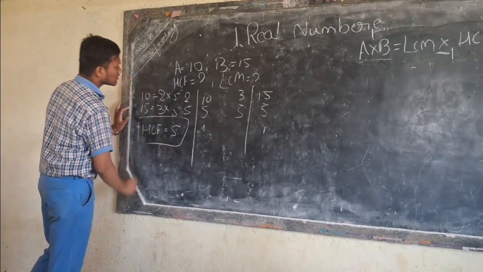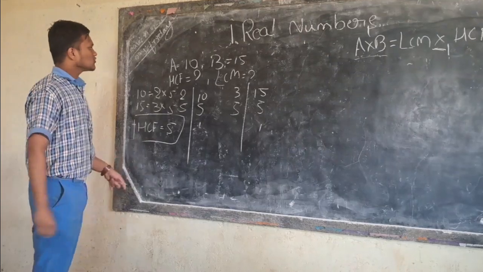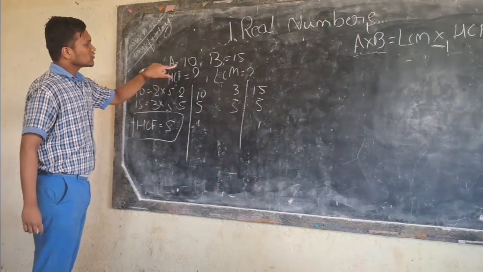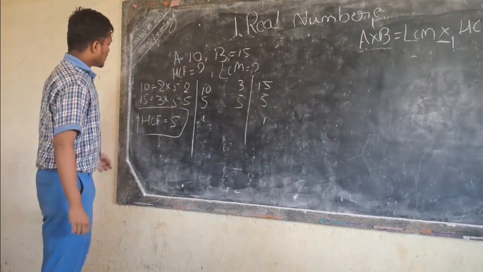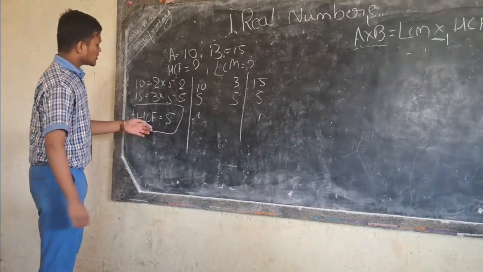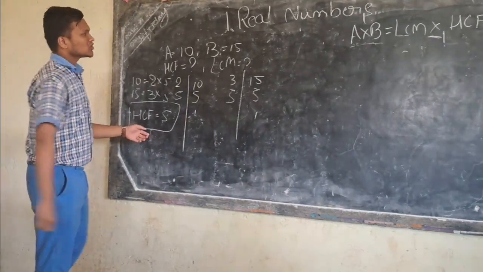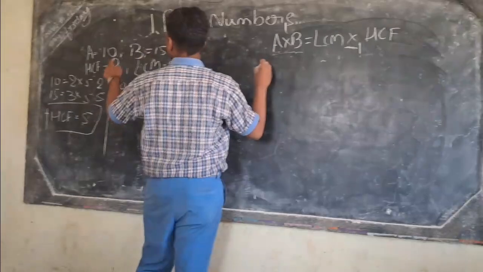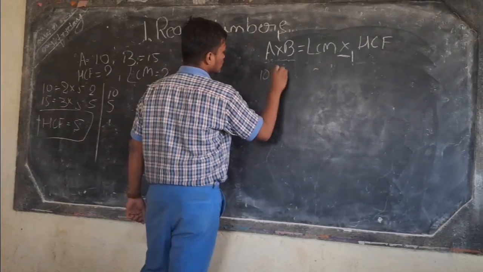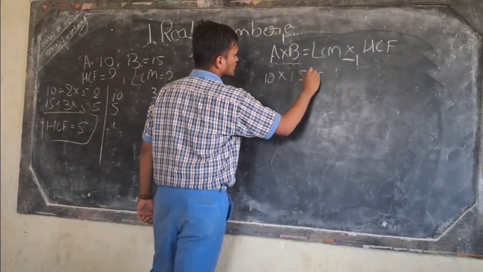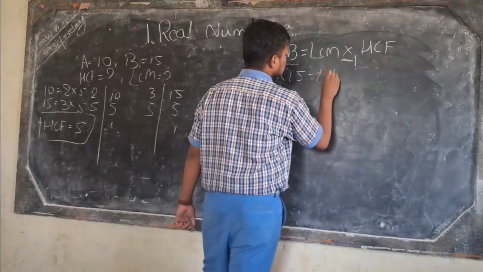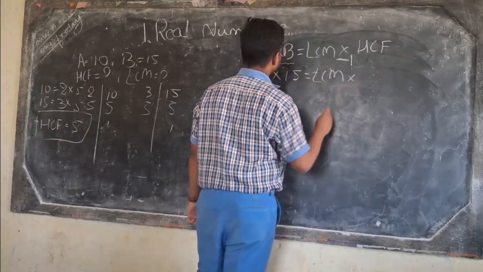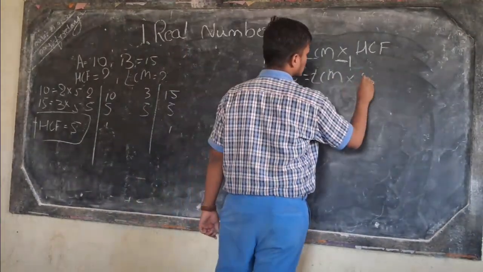HCF is 5. And we know A is equal to 10, B is equal to 15, and we now know the HCF, which is 5. So apply this formula: A into B, 10 into 15. LCM we don't know. HCF is 5.